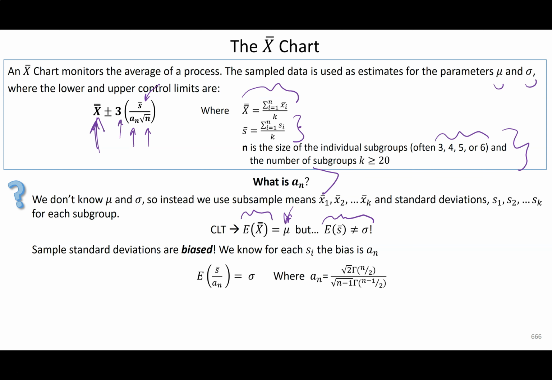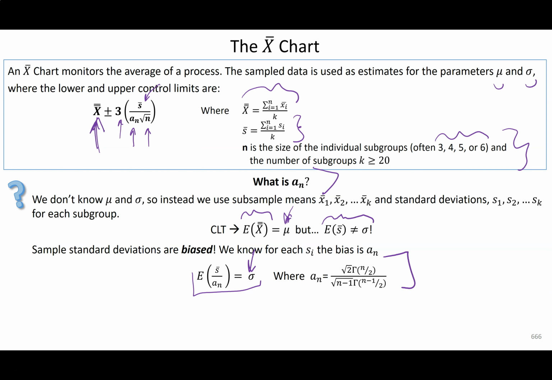It's a biased estimate. So we have this multiplier, A sub n, which changes depending on our sample size, such that S bar over A sub n is unbiased for sigma. We need this multiplier in order to get an unbiased estimate for sigma.